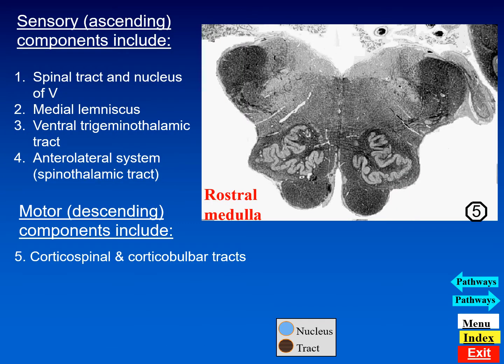In this open medulla section, we have the spinal tract and nucleus of 5 again, the medial lemniscus, ventral trigeminothalamic tract, the spinothalamic tract, and the corticospinal and corticobulbar tracts.